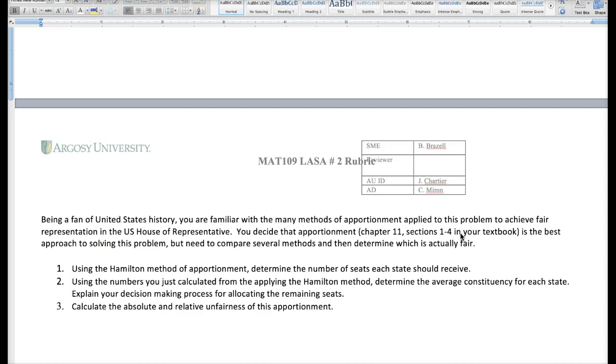So to help you sort of get through this, I have prepared an Excel document. And that Excel document basically does most of these calculations for you. I'm going to go through this so that you understand what the Excel file is trying to do, because what you will have to do is put in your numbers for this and extrapolate the information from that to be able to write your report, okay?